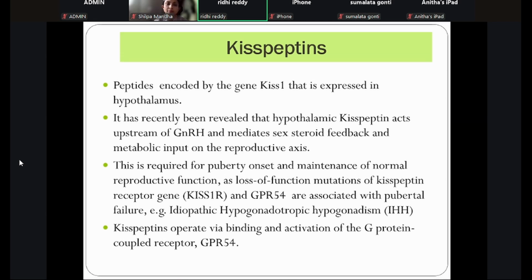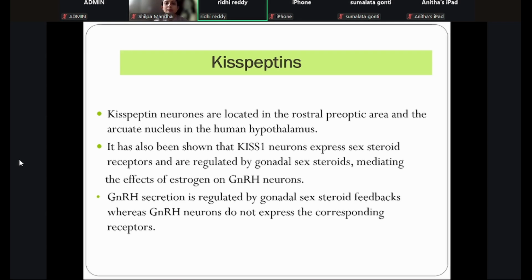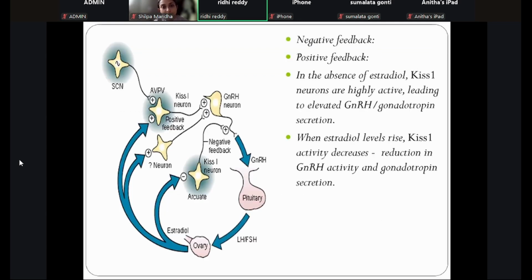Kisspeptins are required for puberty onset and maintenance of reproductive function. If there is loss of function or mutation of the kisspeptin receptor gene, it leads to hypogonadotropic hypogonadism.